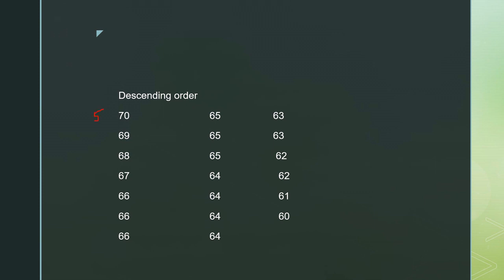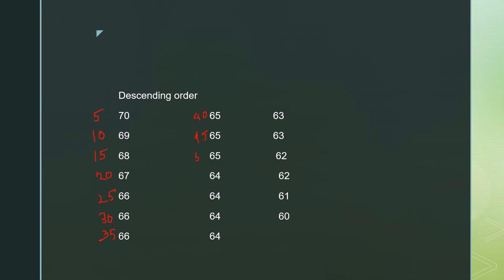In 5%, this is in 10%, this value is for 15%, this is for 20%, this is for 25%, this is for 30%, this is for 35%, right? Hope you understand this topic. This is for 40%, this is for 45%.